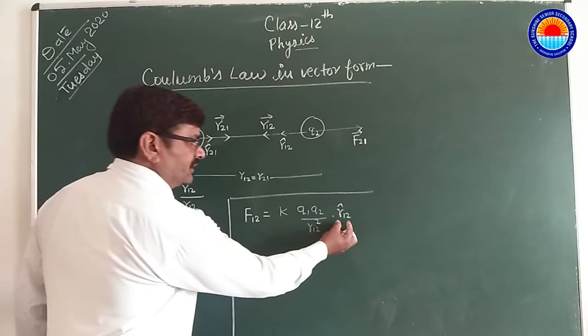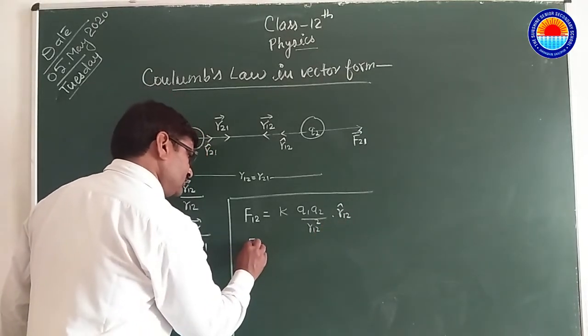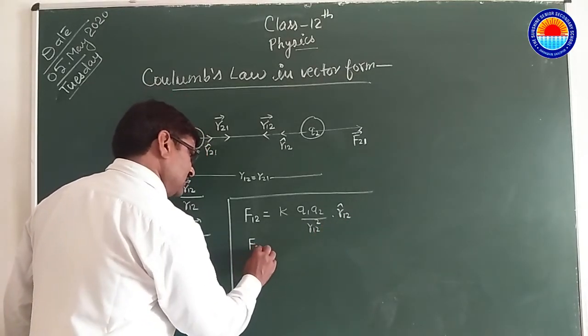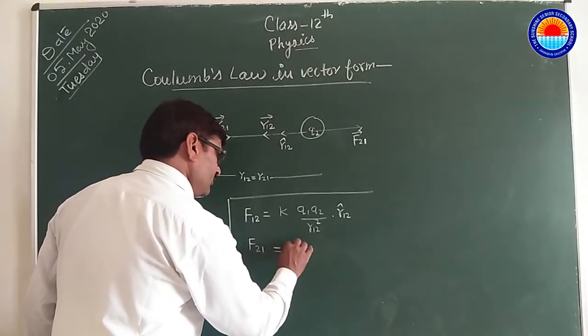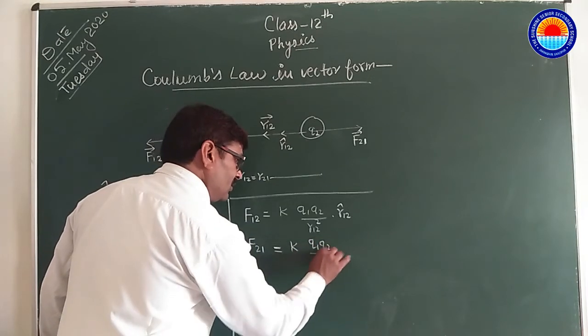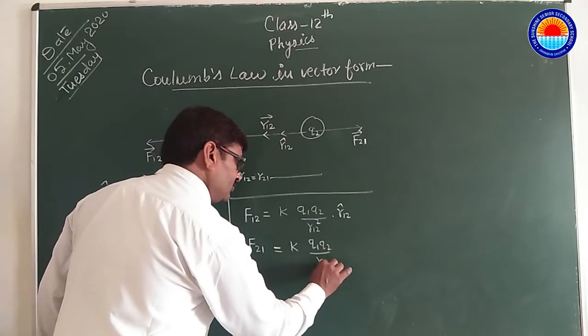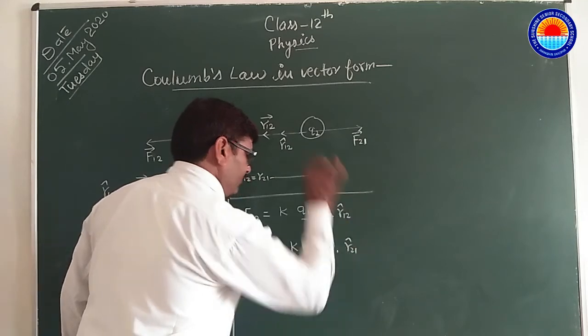That means it shows the direction of the force. And second, force on charge 2 due to charge 1 is equal to K Q1 Q2 upon R21 square into R21 unit vector.